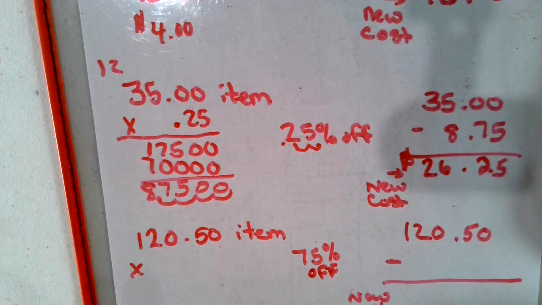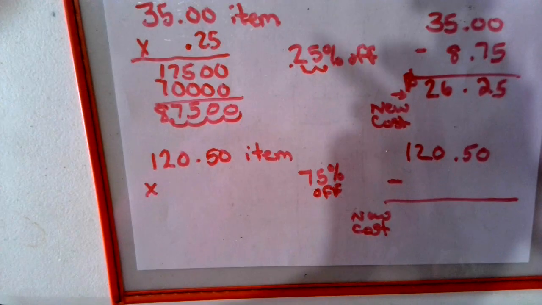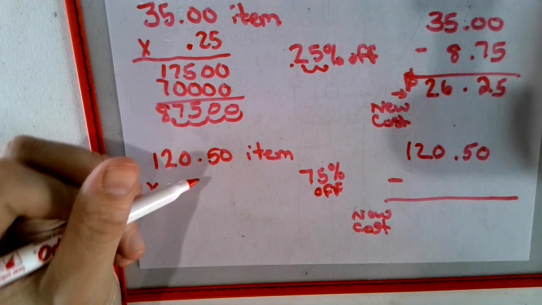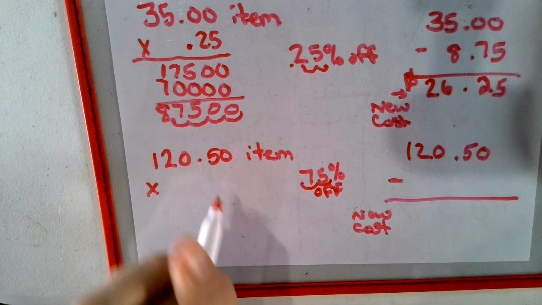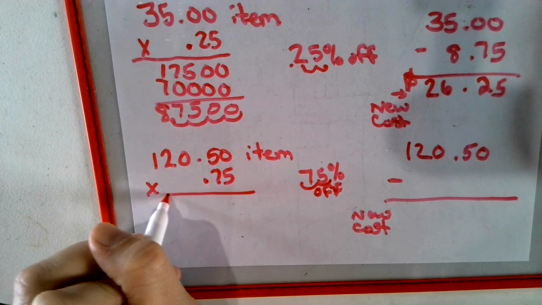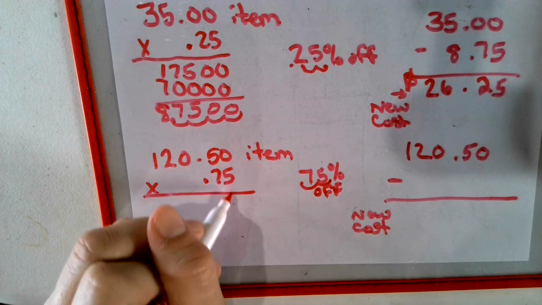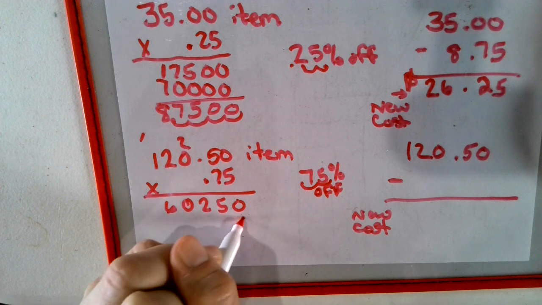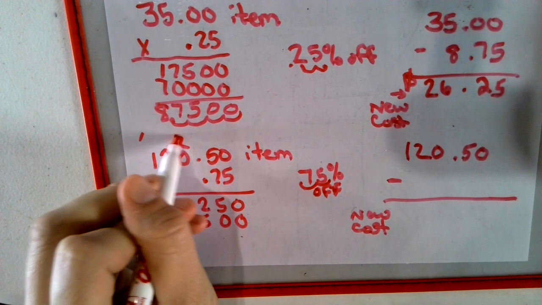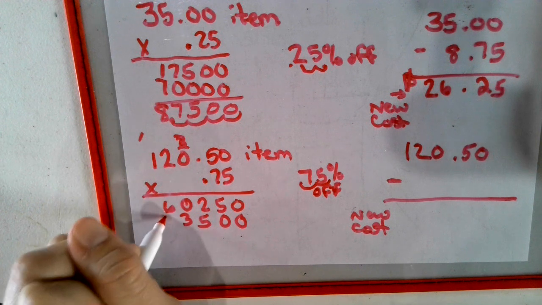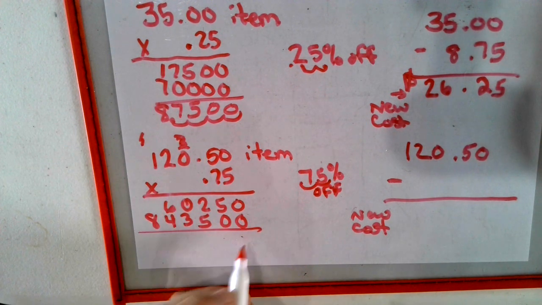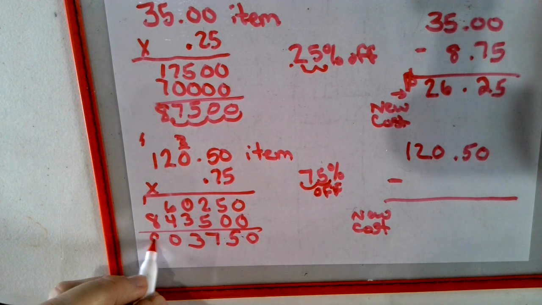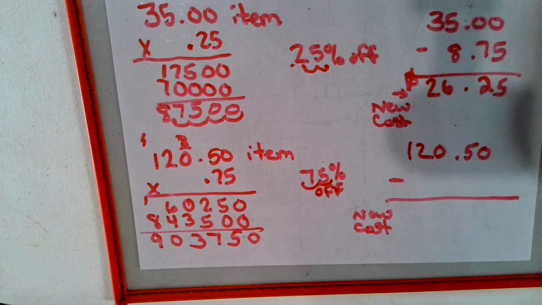Now, last but certainly not least, before we go into the different kind of method to do this, 75%, 2 jumps. It's always 2. There's 2 zeros in a 100. So when we do all this, we drop a 0, and I think I got that right.